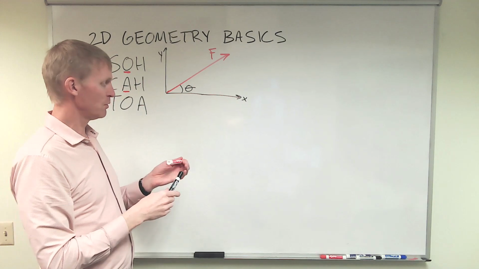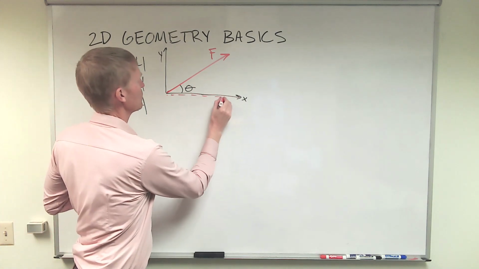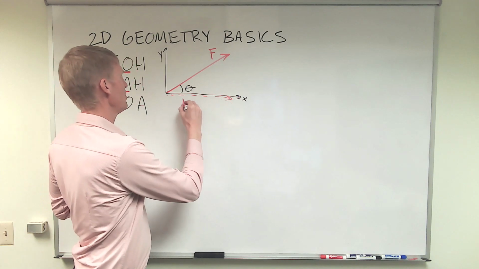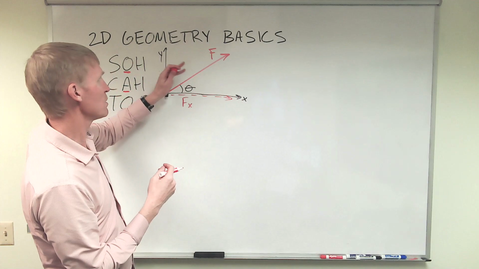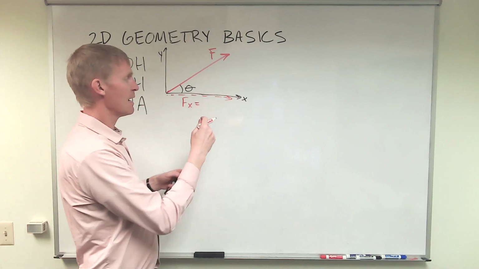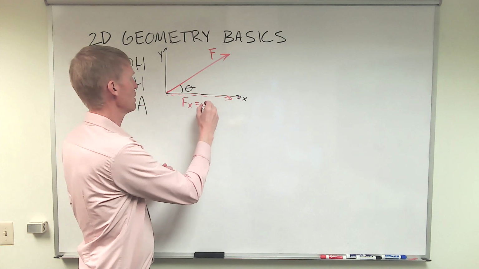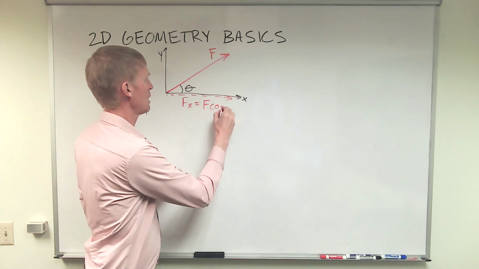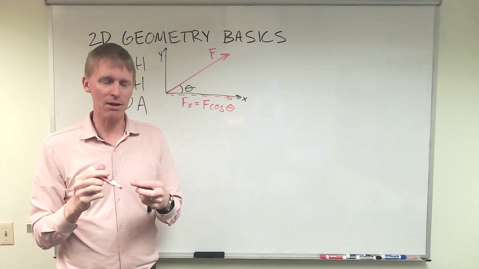A lot of students will say this x component along here is Fx, and because they've done so many of these horizontal angles, they'll say in their head cosine is always x, and give F cosine of theta. And that's completely and accurately right.